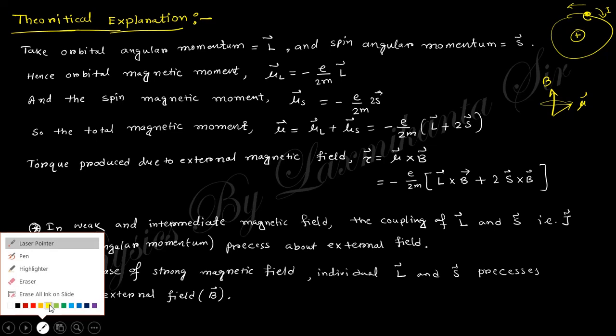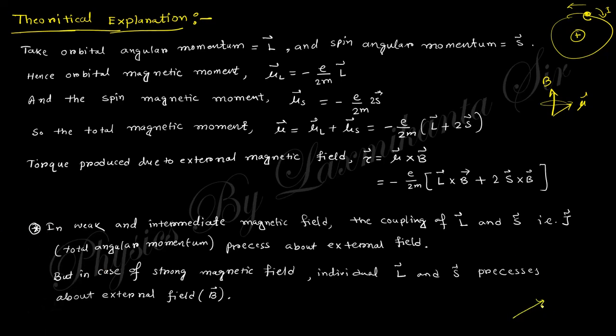So you can see here, if there is L and this is S, you will get this J. This J actually rotates about the magnetic field in case of weak field, but in case of a strong field, L precesses and S precesses individually.